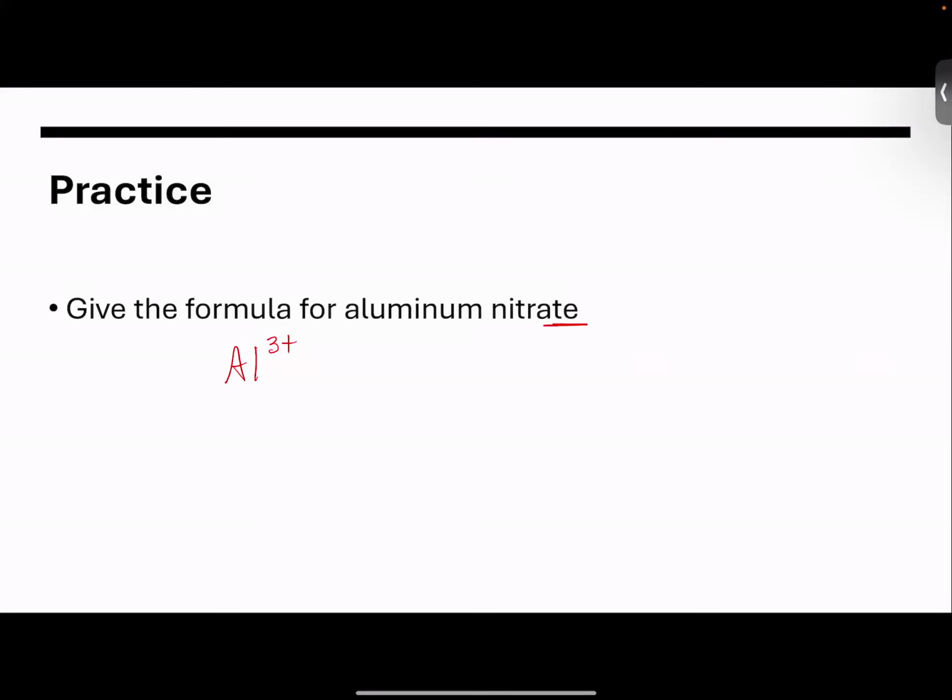The ending ATE tells me it's a polyatomic. All ATEs and ITEs are polyatomics. It's the polyatomic of NO3 minus 1. So I've translated the name. Now I'm going to cross, drop, and if need be, simplify.